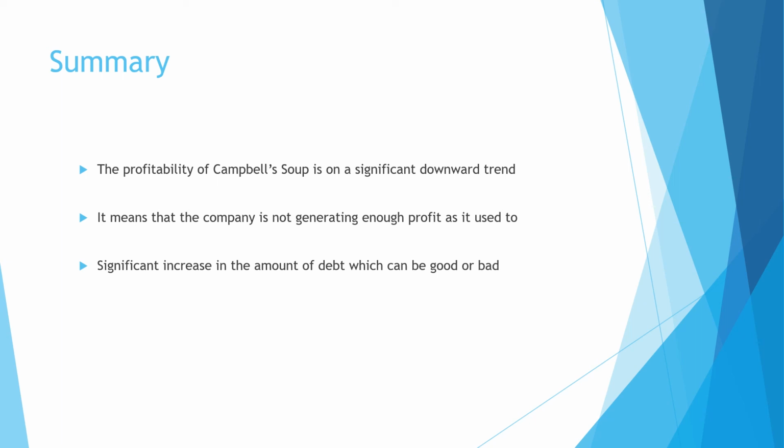This can be good or bad. The good thing could be that it is taking on debt as it is confident on its future outlook and wants to expand. On the other side, it can be bad as they can be taking debt to stay in business and not as a positive outlook.